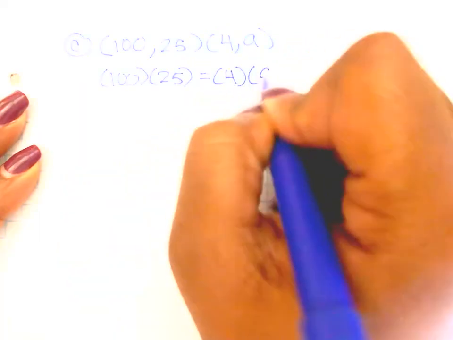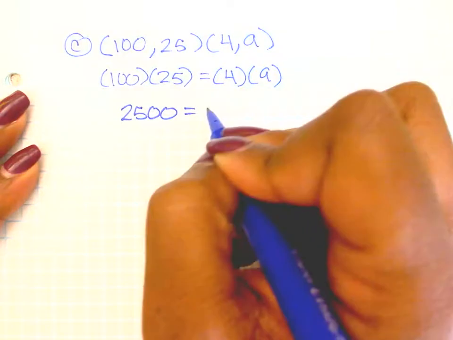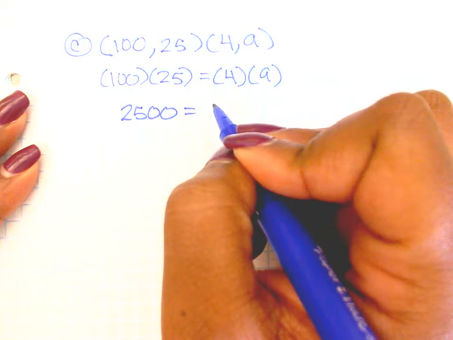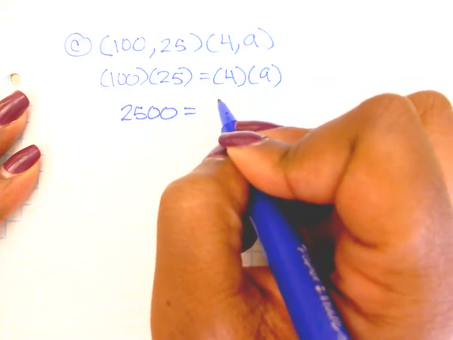When you set it up, does it look like this? Okay, then we're going to go further. 25 times 100 is 2,500 equals 4 times 9, which is what? 4 times 9, anyone? 36.